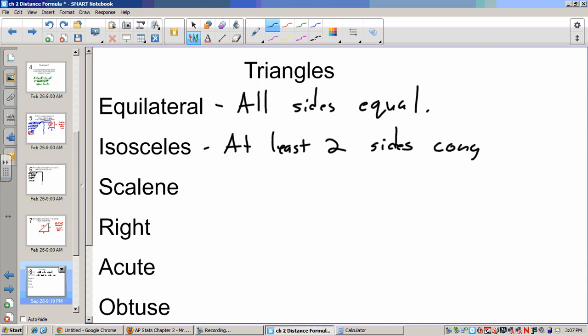Now, I should have actually used the word congruent up here, because the side lengths could be equal, but the sides would be congruent. Congruent means if a shape has the same measure as another shape. Scalene, all sides have different lengths.